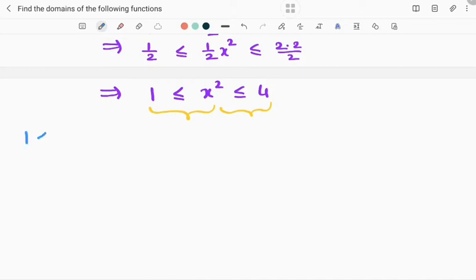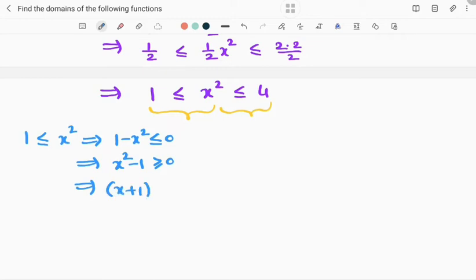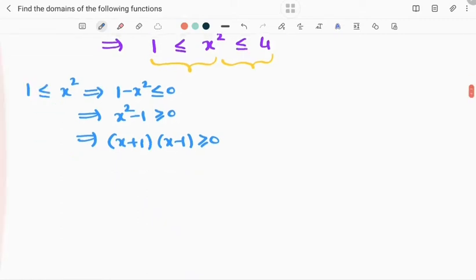One is less than or equal to x square. That implies, taking 1 to this side, 1 minus x square is less than or equal to 0. That implies x square minus 1 is greater than or equal to 0. If you interchange the terms, the inequality will change obviously. So we can write it as x plus 1 into x minus 1 is greater than or equal to 0.